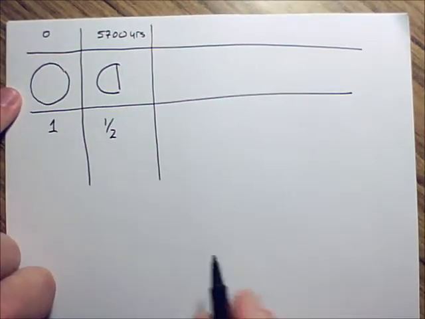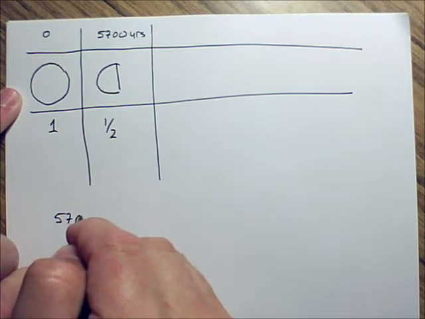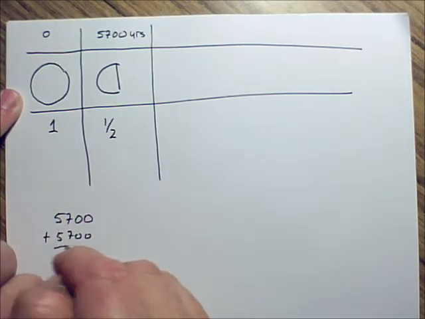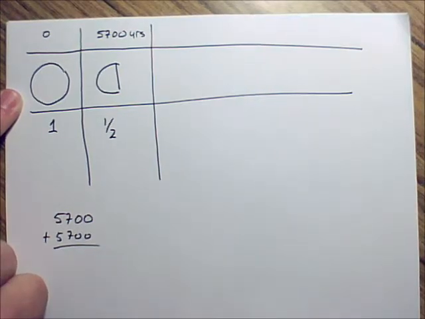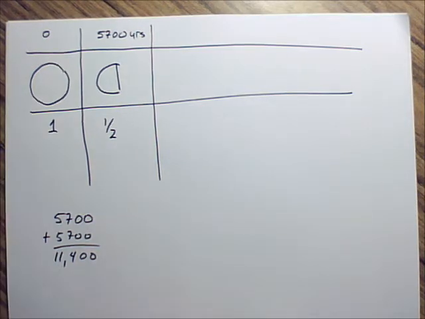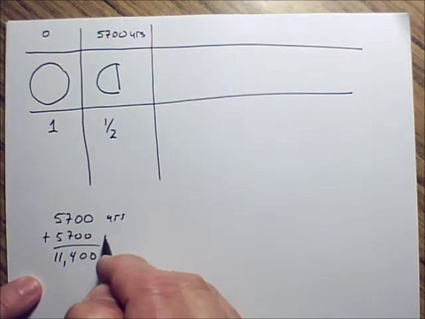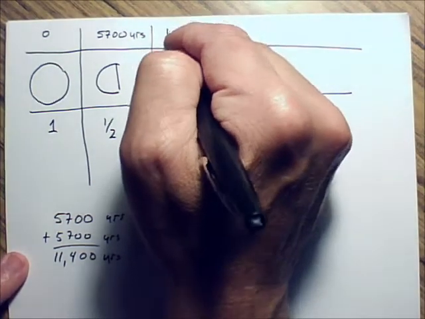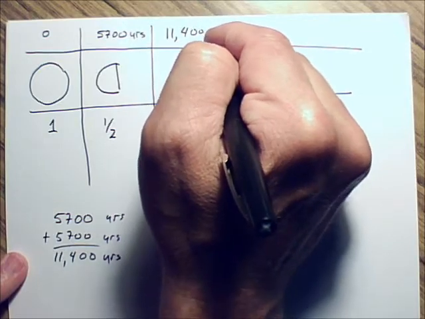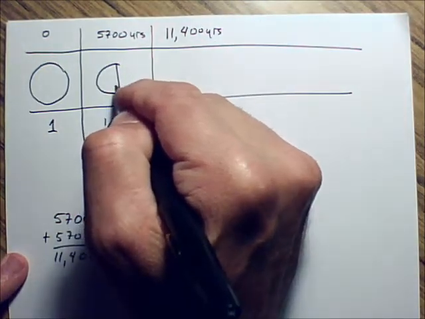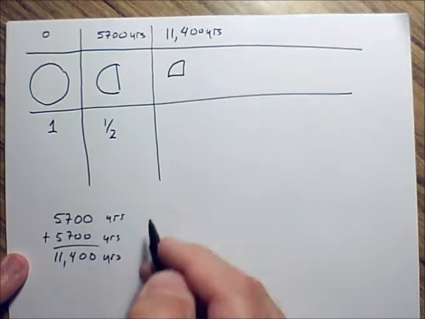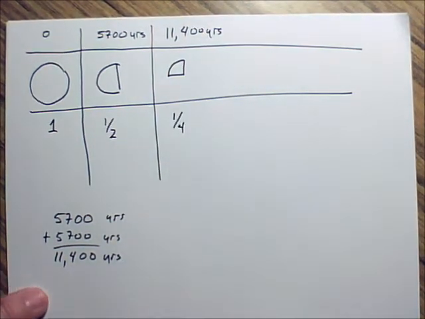The second half-life is 5,700 plus another 5,700, which is 11,400 years. So in 11,400 years, half of this is gone, and 1/4 is what we have left.